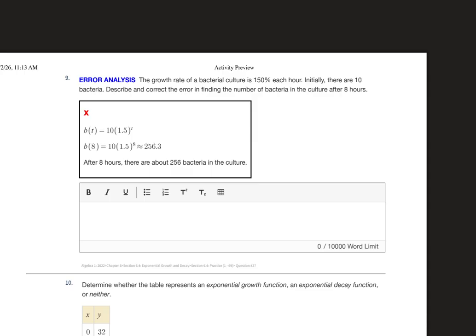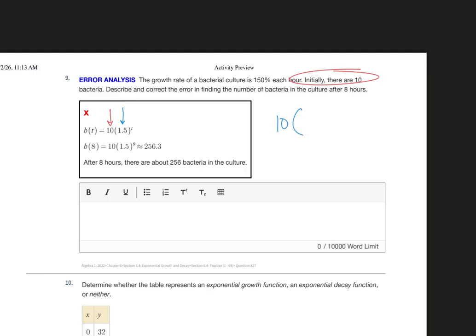Error analysis. The growth rate of a bacterial culture is 150% each hour. Initially, there are 10 bacteria, so I like that 10 right there goes with that. And then, let's see, 150% each hour. We've got a problem here because it would be like this.